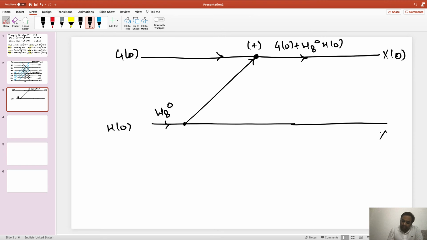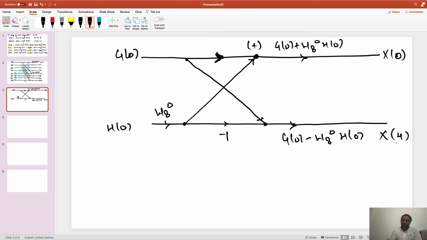And here you have X4, which will be basically W8^0 H0 coming from here, it gets multiplied by -1, and you can pick G0 from here and bring it down here, so that this value here becomes G0 minus W8^0 H0, that is X4. So you can see that there are crisscross patterns.